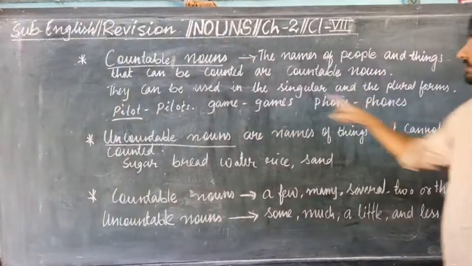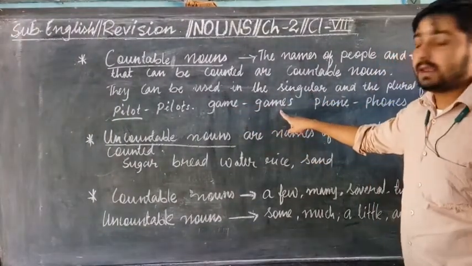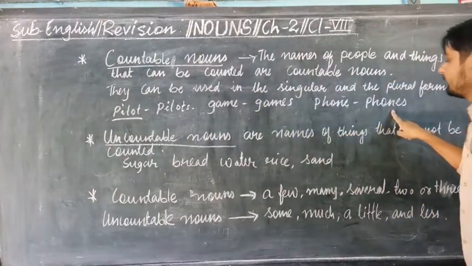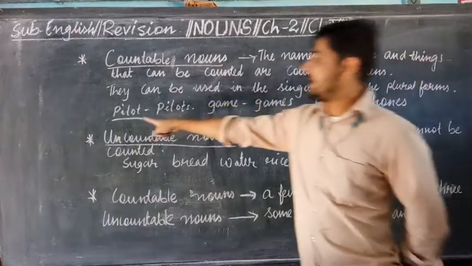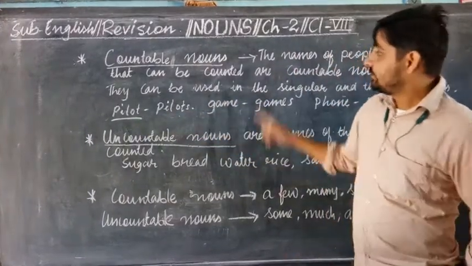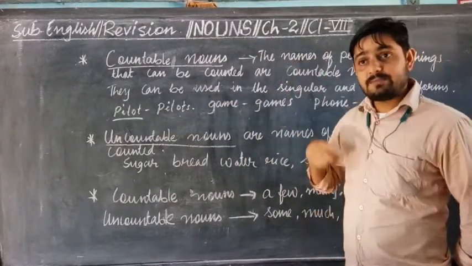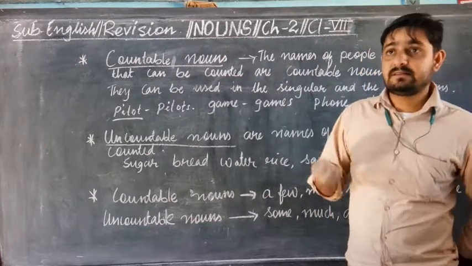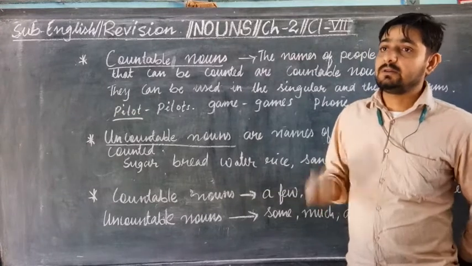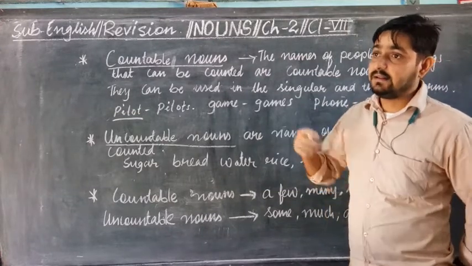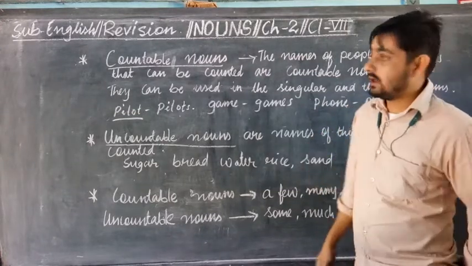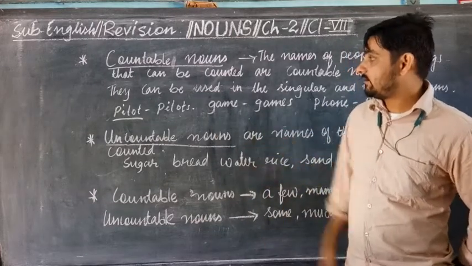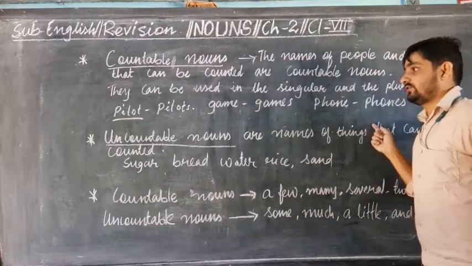One game, many games. One phone, many phones. One pilot, many pilots. So countable nouns are the people or things that can be counted, and they are in the form of singular and plural nouns. Examples are given here on the board: pilots, games, phones.